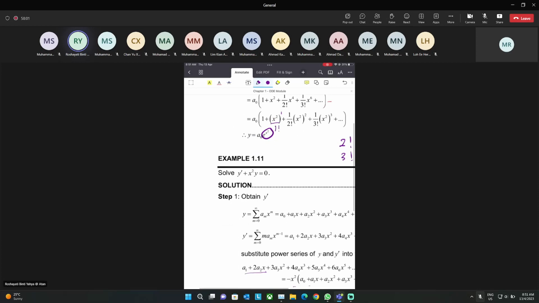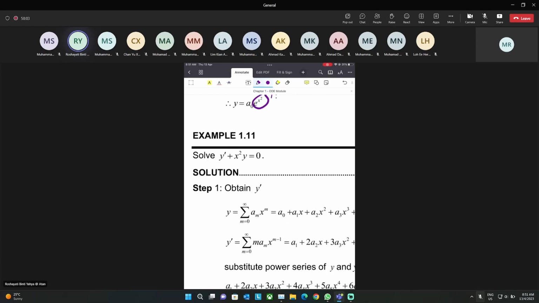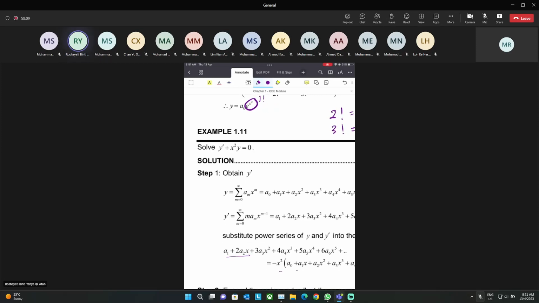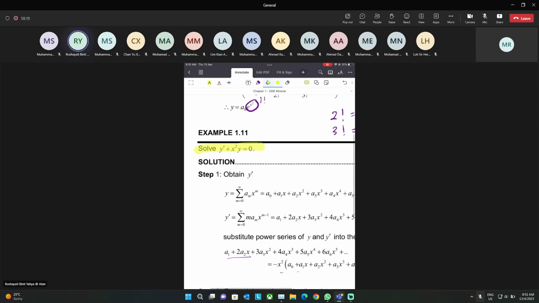Now we look at example 1.11. I give you 10 to 15 minutes to solve this example. After that, we discuss the steps. Solve y prime plus x squared y equal to 0.